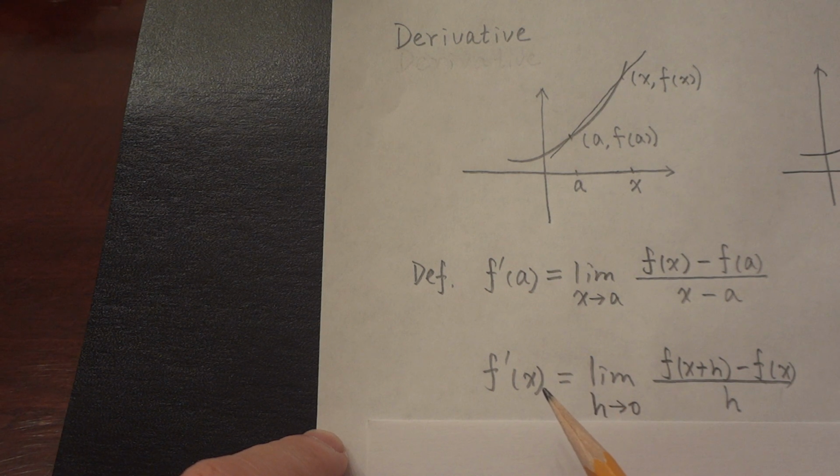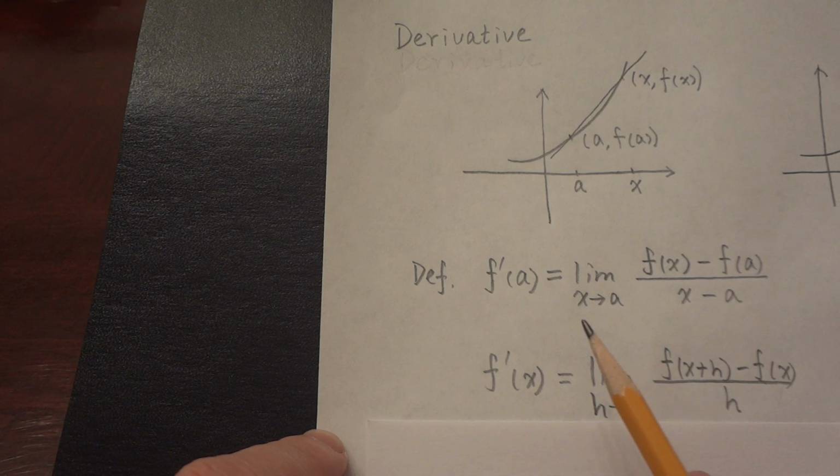So consider x being the variable that varies. We want to compute f prime of x for any x. If we apply the same formula as before, we run into difficulty with the notation because x is now in the place where a was and we run out of notation. We have to use some other letter for x.